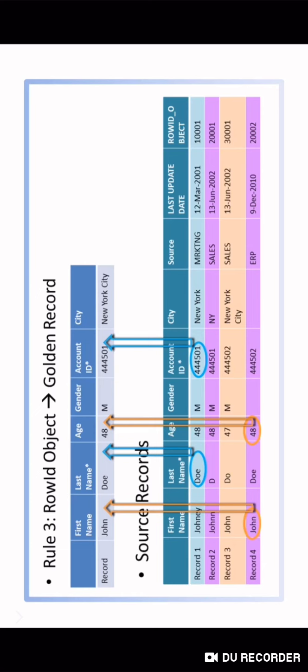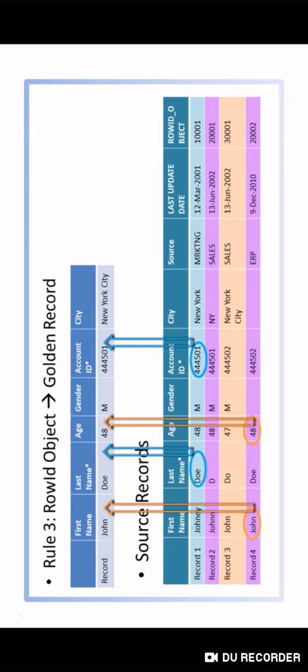The very first rule to consider is whether trust is configured. As for gender and city, no trust is configured, so the trust rule will not be applied. Now about the last update date. The first record has a lower last update date compared to the second and third. Hence, the first record will be skipped from survivorship.